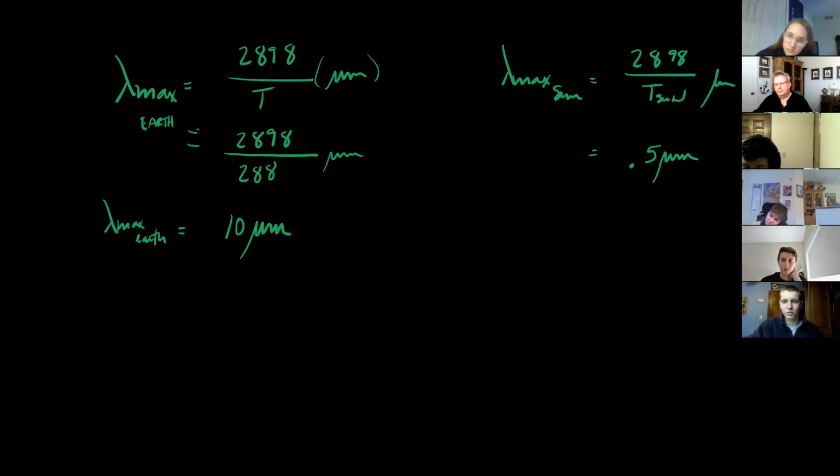Since we know the temperature of the sun is about 20 times greater than the temperature of the Earth, we can also tell that the max wavelength of the sun is going to be 20 times less than the max wavelength of the Earth.